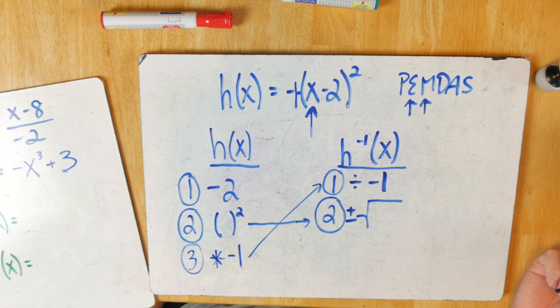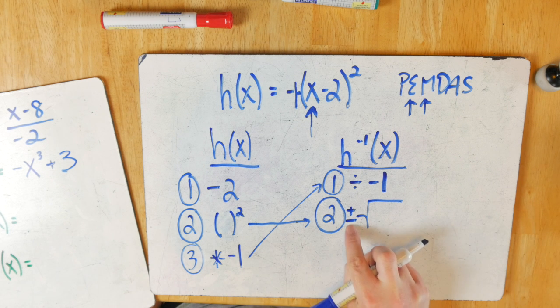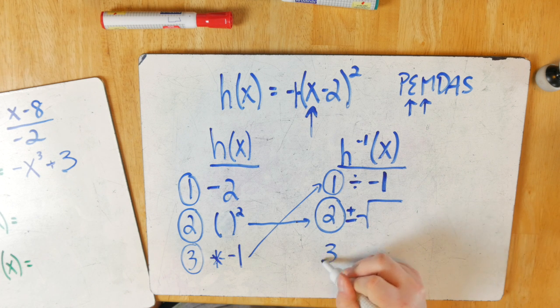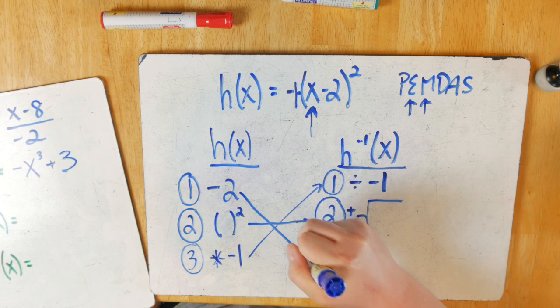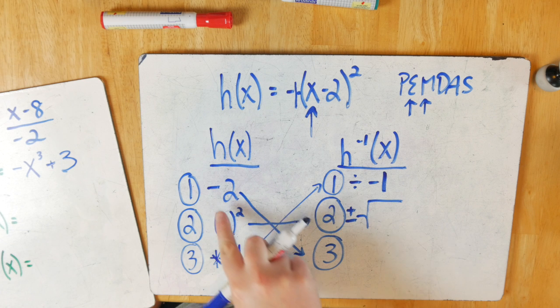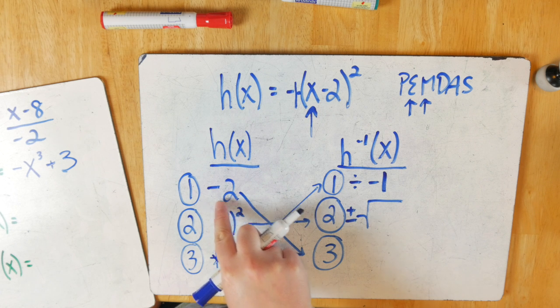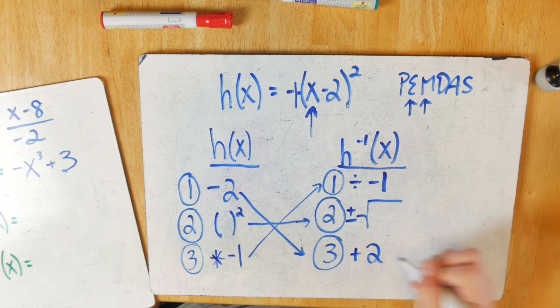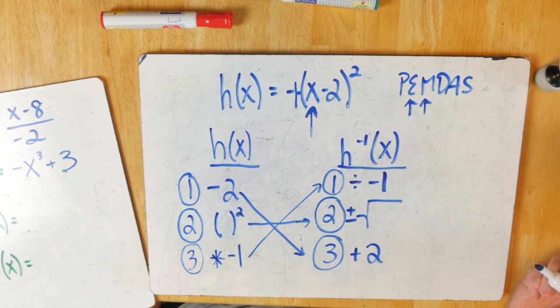So we want to be really careful there that we don't drop that positive and negative value. And then lastly, we're going to inverse subtracting 2, and we're going to do that by adding 2.